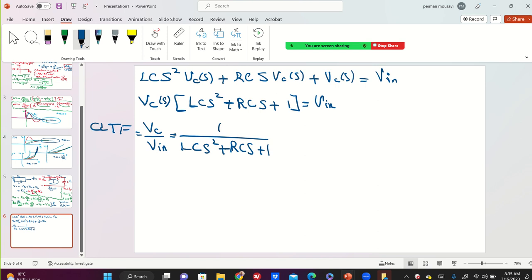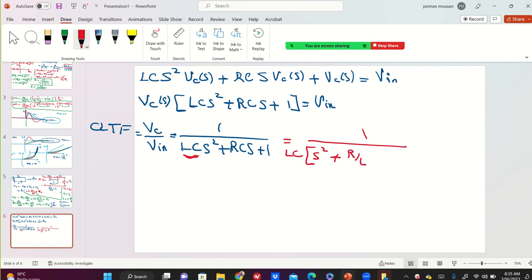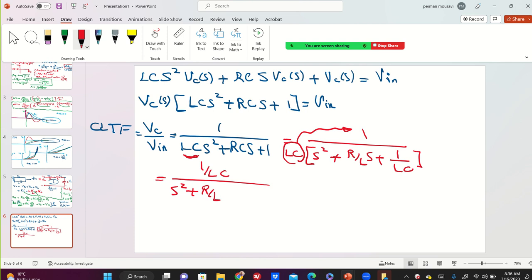Bear with me, I'm not done. I'm going to factor out LC from here. You're going to have 1 over LC times S squared plus R over L S plus 1 over LC.